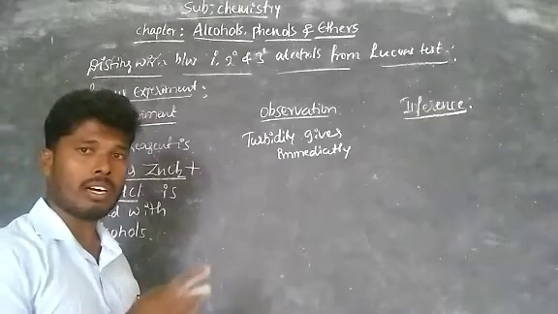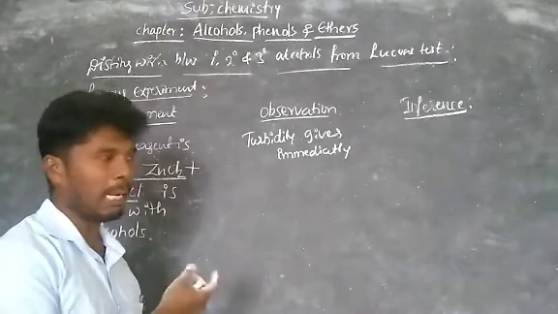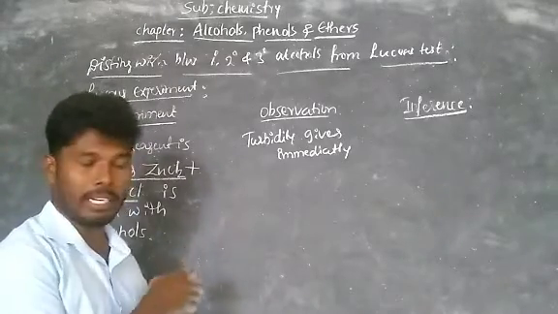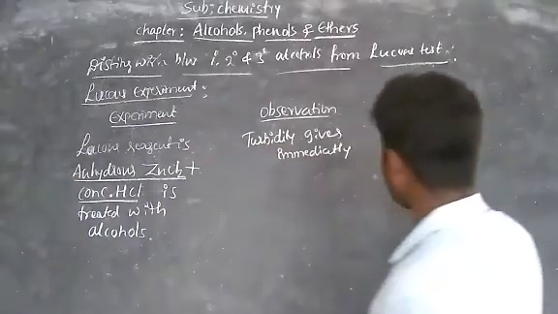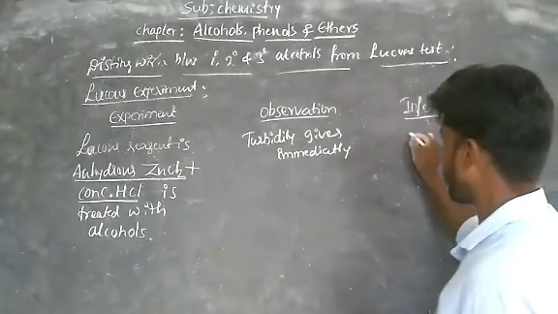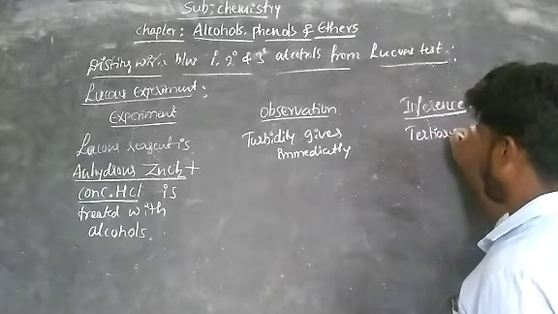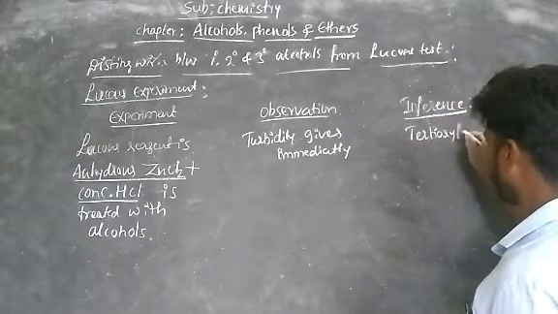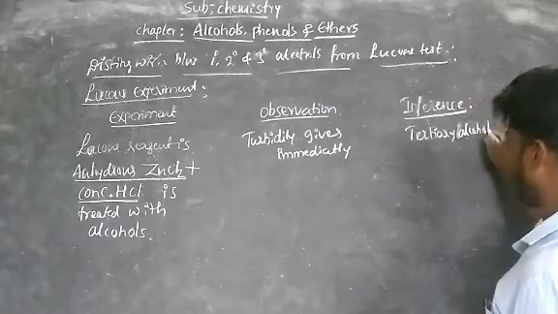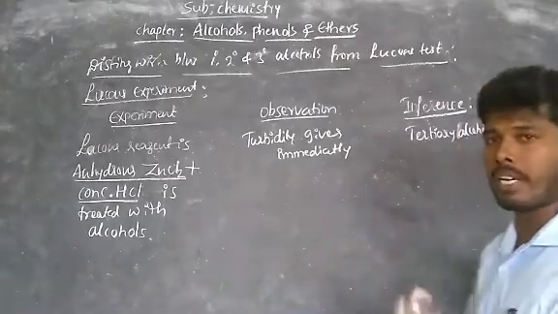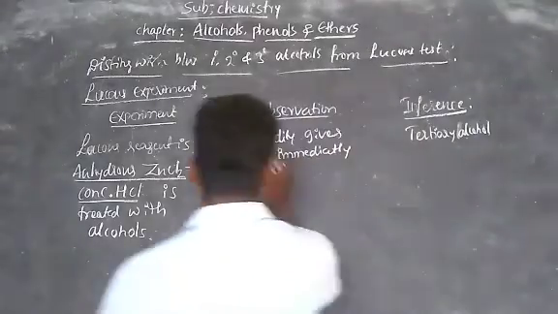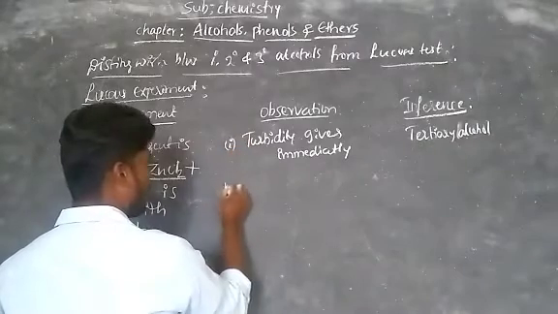Turbidity means precipitate. Like curd, if it appears quickly, that is turbidity immediately. The inference, what we conclude, is that it is a tertiary alcohol. The given alcohol is a tertiary alcohol. This is the first confirmation.